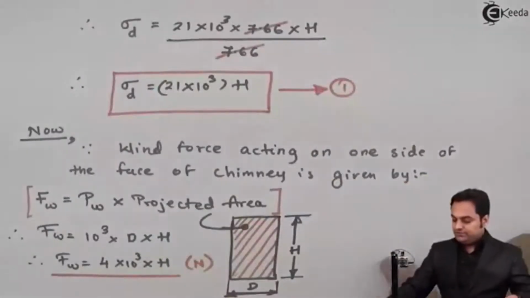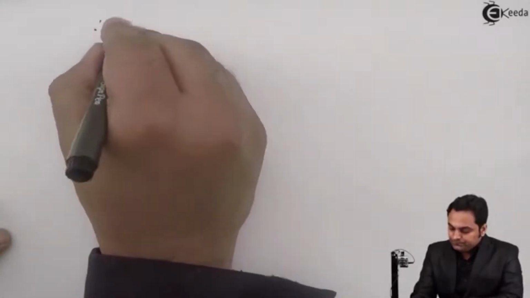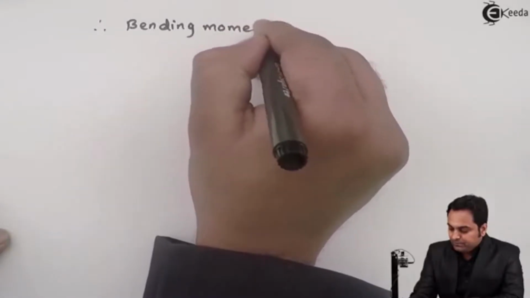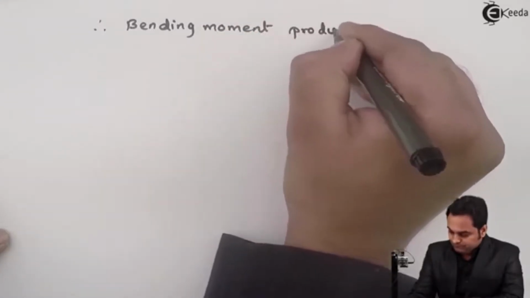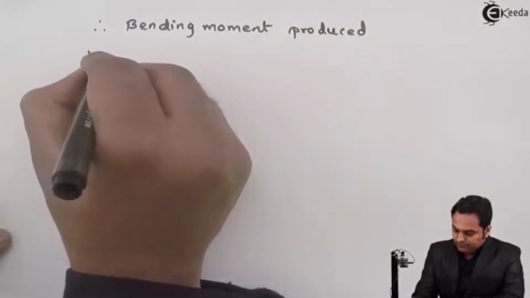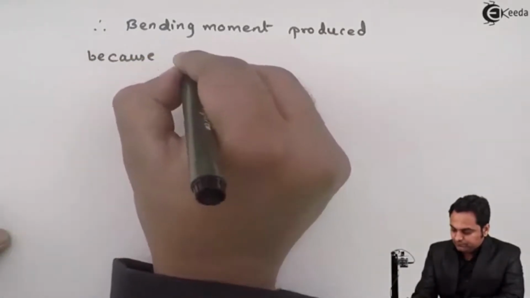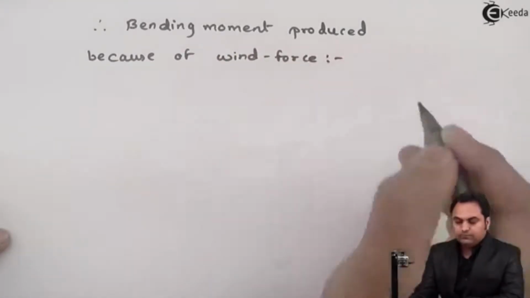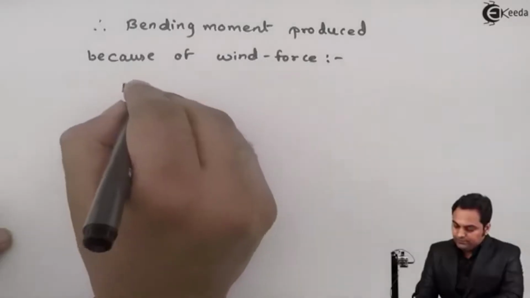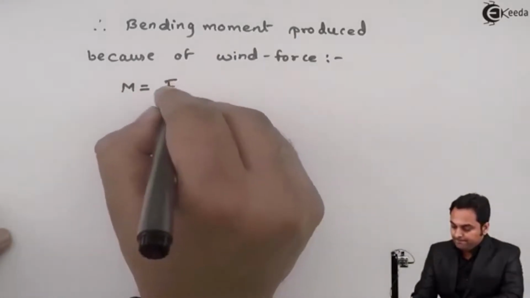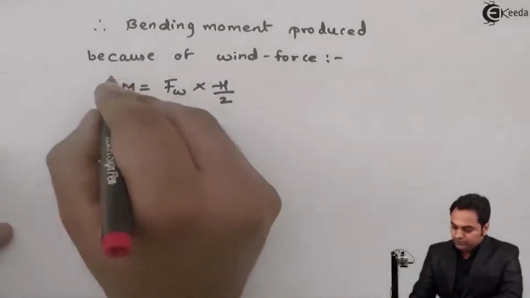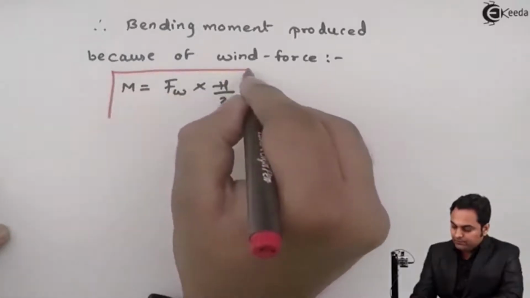So I'll write down, therefore, the bending moment produced because of wind force will be wind force into h by 2, because we know moment is force into perpendicular distance.